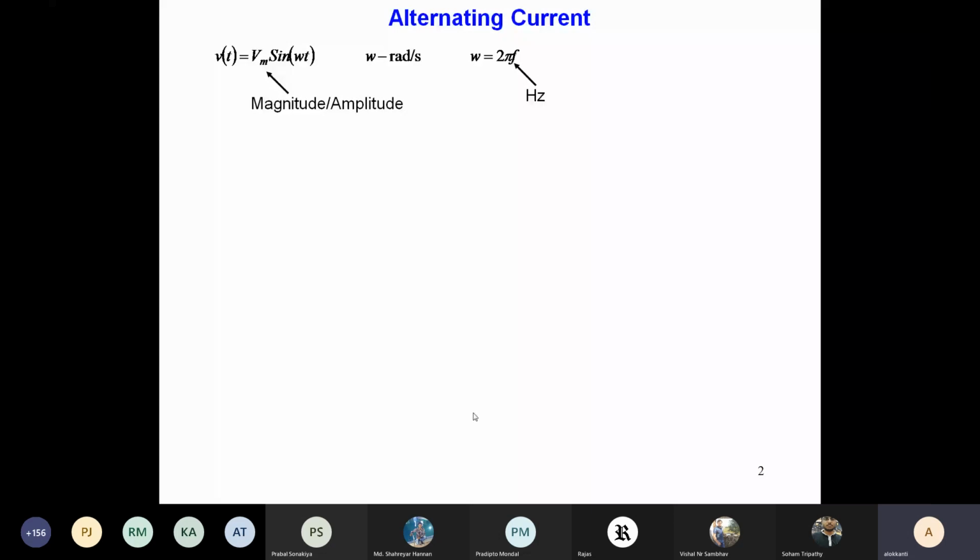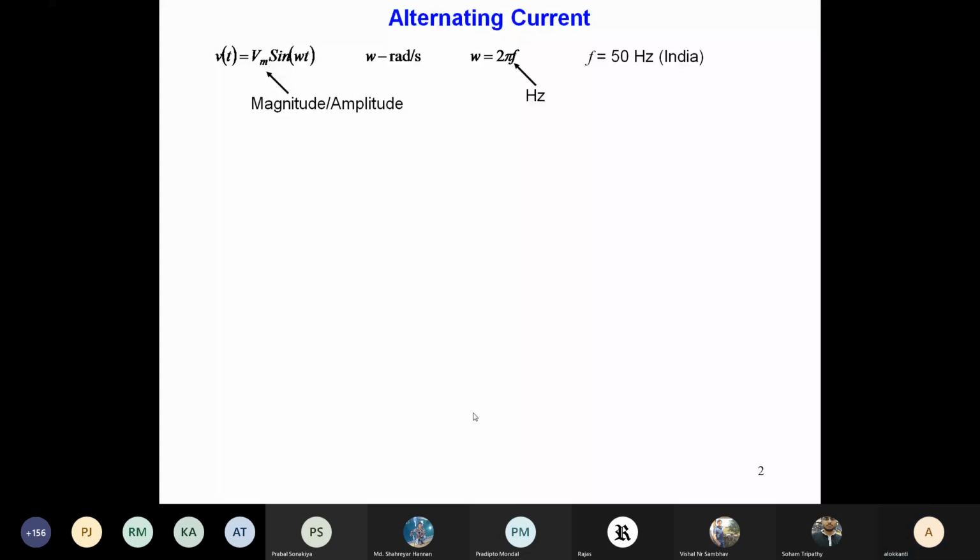This f is the supply frequency, the frequency of the power that you enjoy in your households and hostels. This f actually varies from country to country.